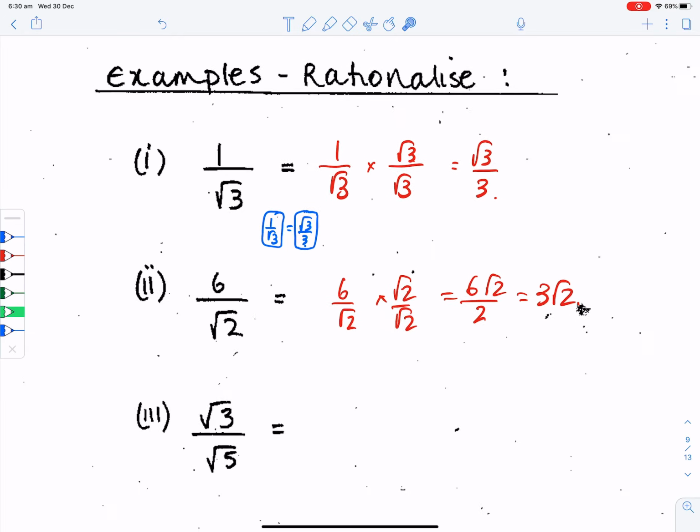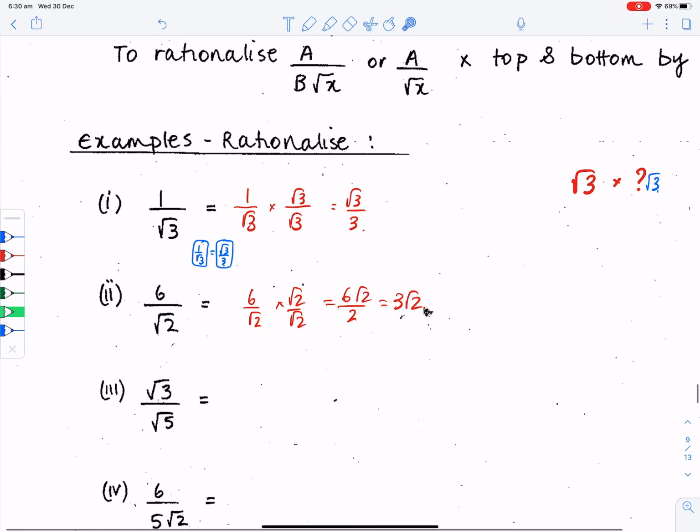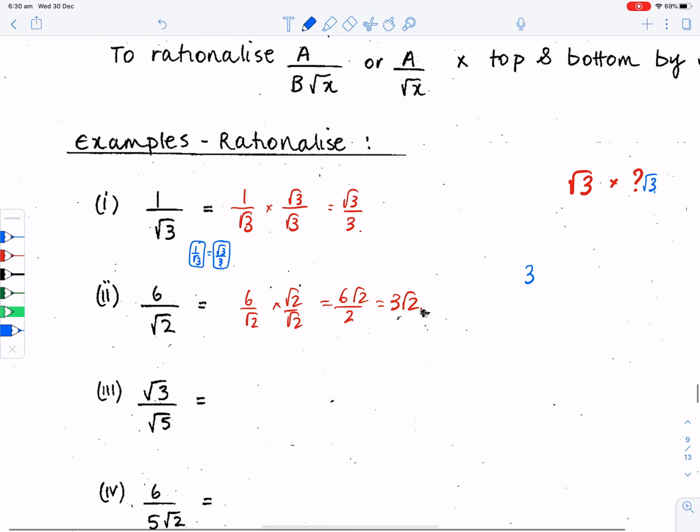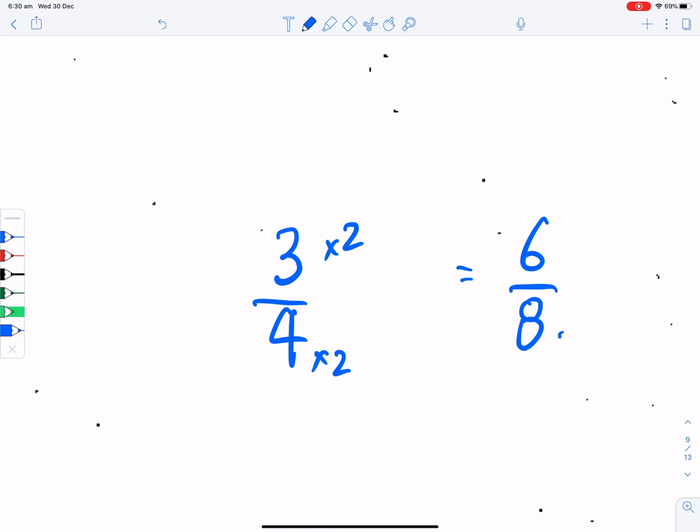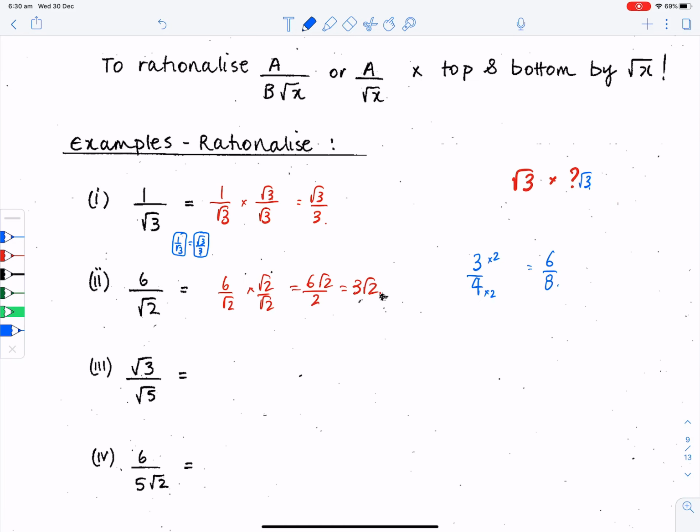It's no different to taking a fraction, let's say 3 over 4, and multiplying the top by 2 and the bottom by 2, and you get 6 on 8. So 3 on 4 is equivalent to 6 on 8. They're exactly the same, they just look different. Same concept.